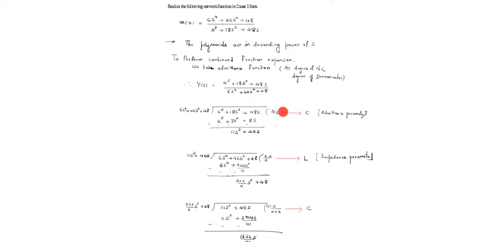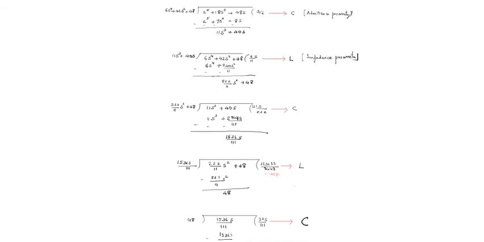So with this we identify that the first element is a capacitor, then it is the inductor, then capacitor, followed by inductor, and so on. So the first element is the capacitor, then the inductor, the capacitor, inductor, and the capacitor. So we have identified the elements to which these quotients belong.